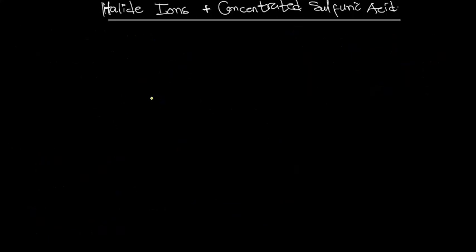Now, I want us to take a look at sodium bromide reacting with sulfuric acid. The first thing that happens is that you have solid sodium bromide, NaBr, reacting with concentrated H2SO4, which I'm going to make liquid.